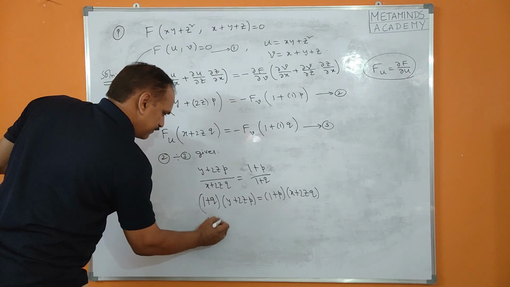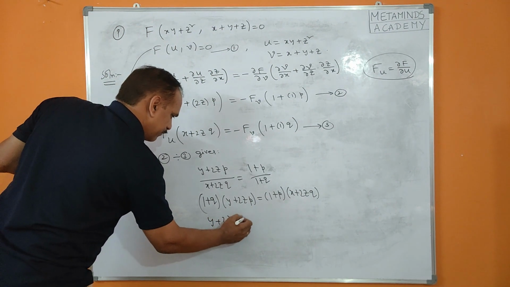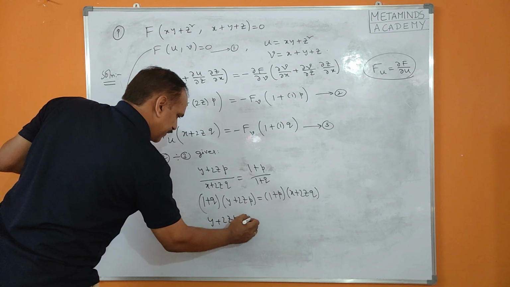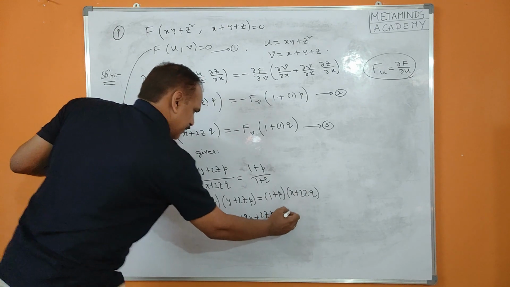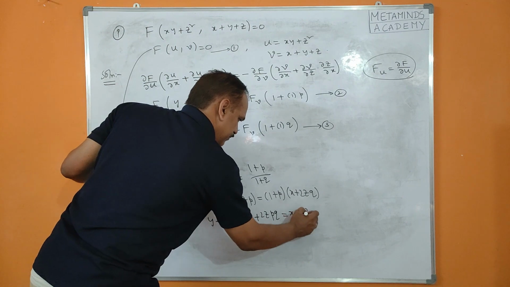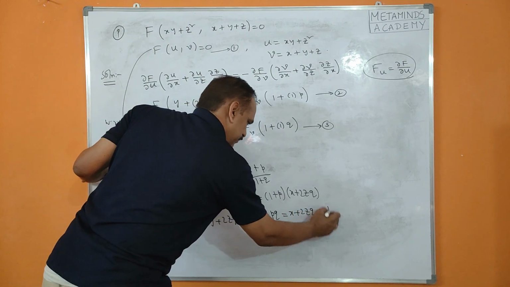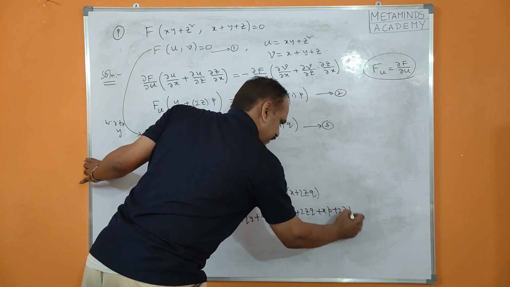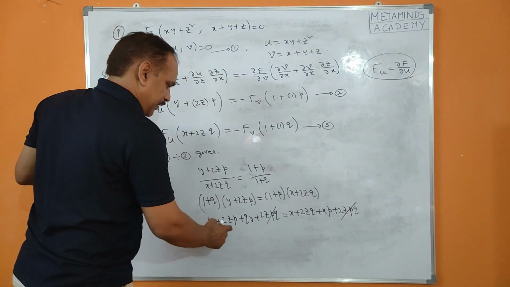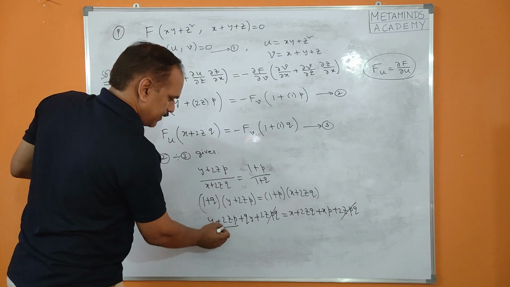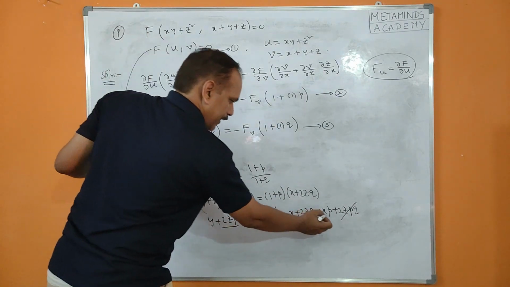So y plus 2zp plus qy plus 2zpq equals x plus 2zq plus xp plus 2zpq. 2zpq gets cancelled.